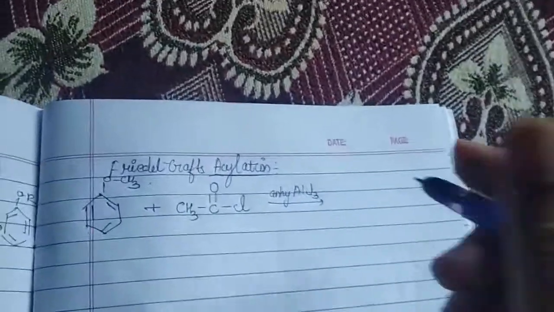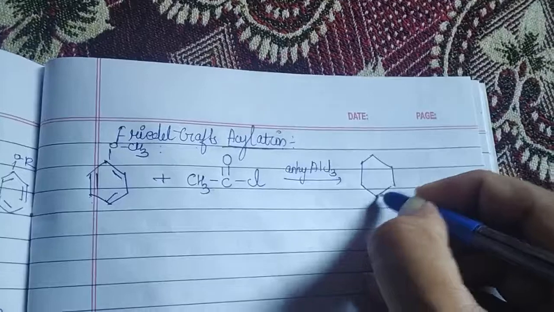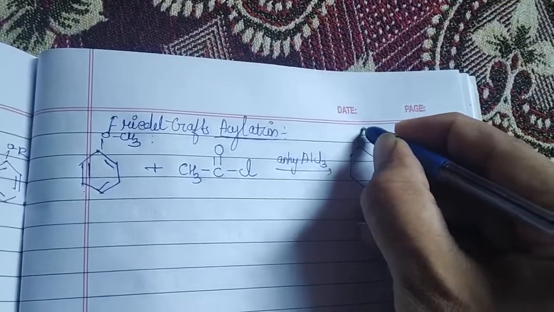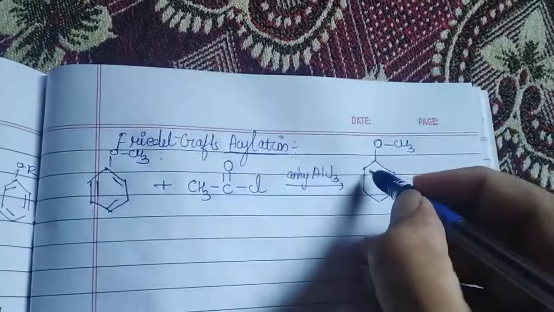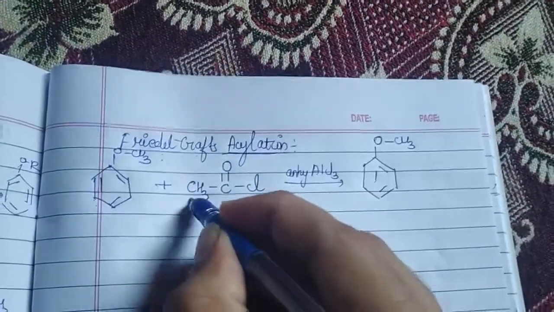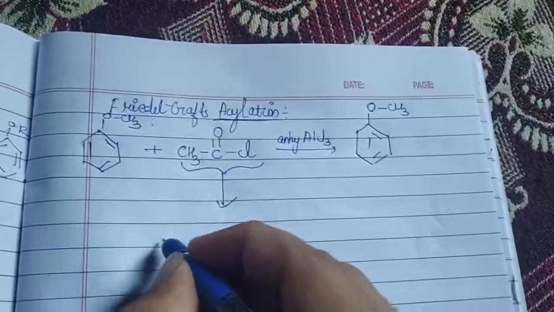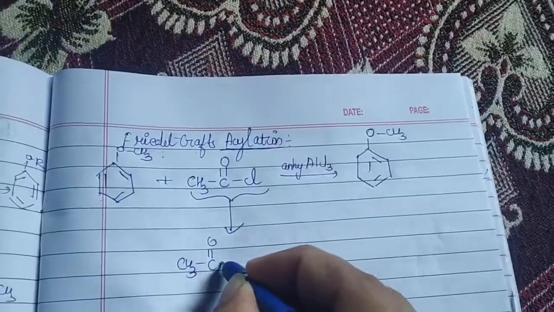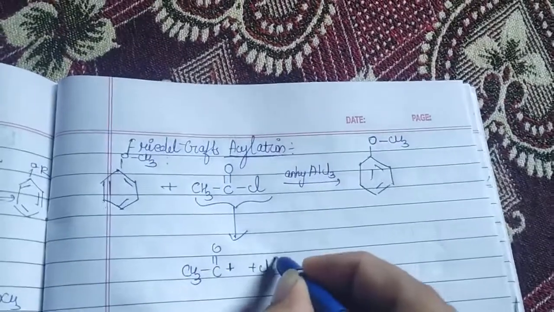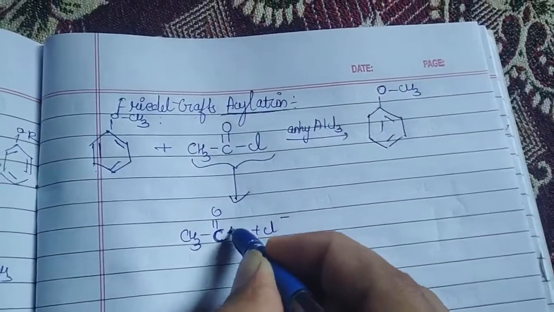So what is the product you are going to get? Very much important is the way of writing your substituent. See here, the C is linking with OCH3. Here it is going to dissociate as CH3C double bond O plus Cl minus. Why am I saying this? Because this carbon will be acting as an electrophile.